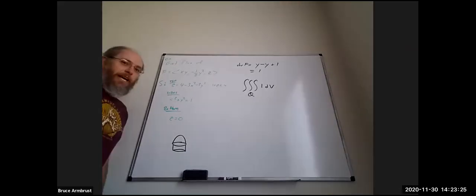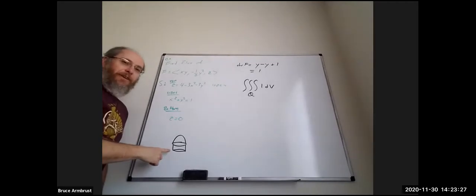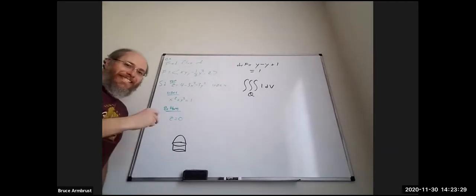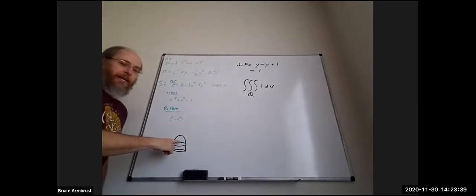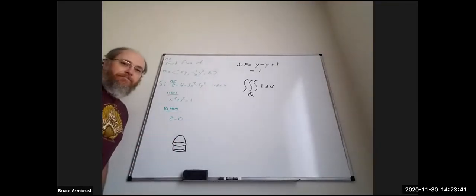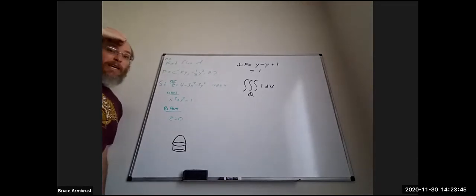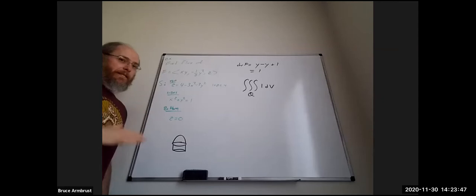Well, unfortunately, I don't know the volume of that shape. Too bad it wasn't just a cylinder or a cone or a sphere or a hemisphere or something like that. But that elliptic paraboloid kind of screws us there. There's no good formula for volume. So we're going to have to do this the long way, but it's not that bad.